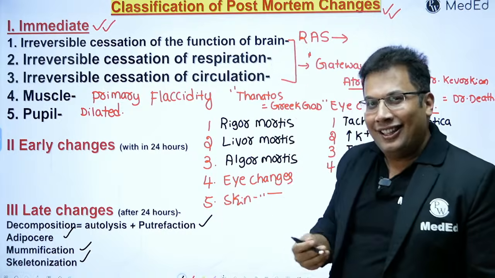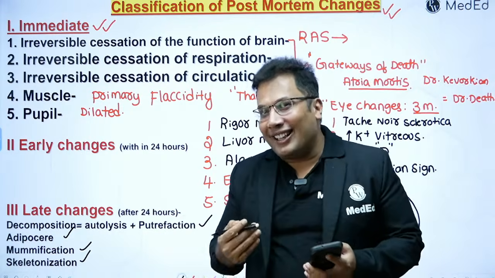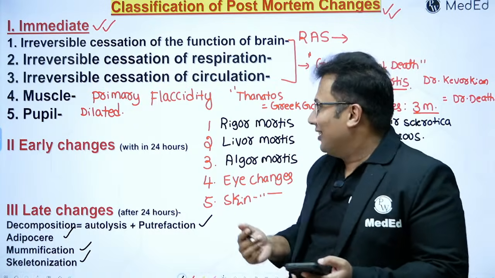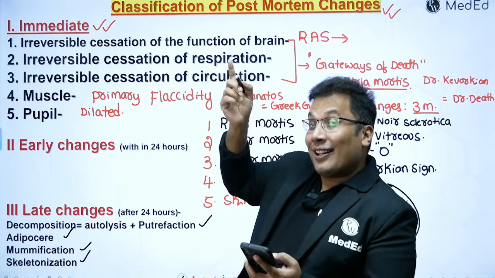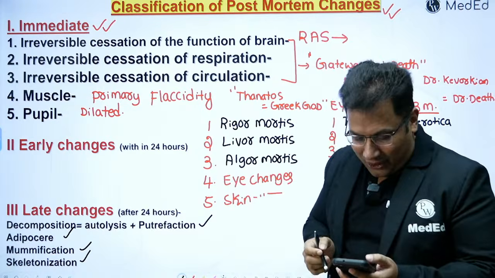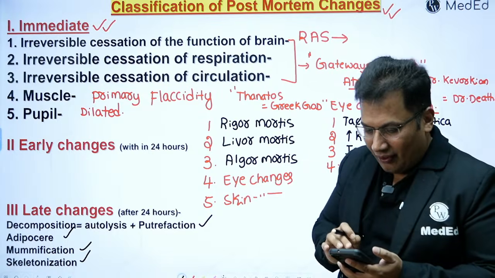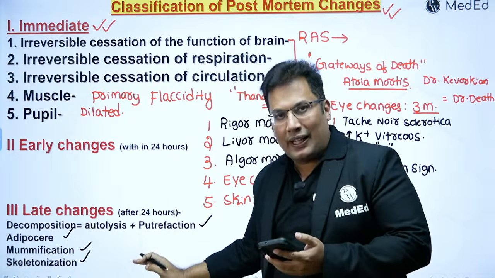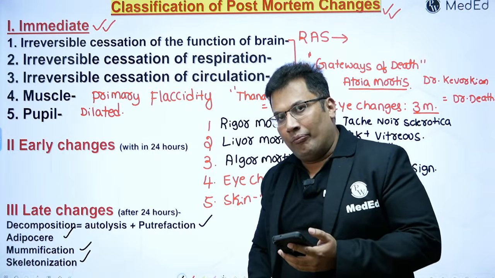Like we have Yamaraj, the Hindu god of death, like Shiva and Yamaraj. In Greek it is Thanatos, not Thanos, Thanatos. This is a very important 5 marks question as well. You can write this. This is more than sufficient.